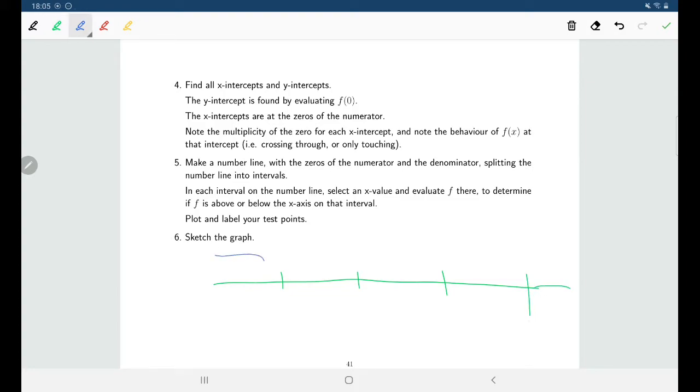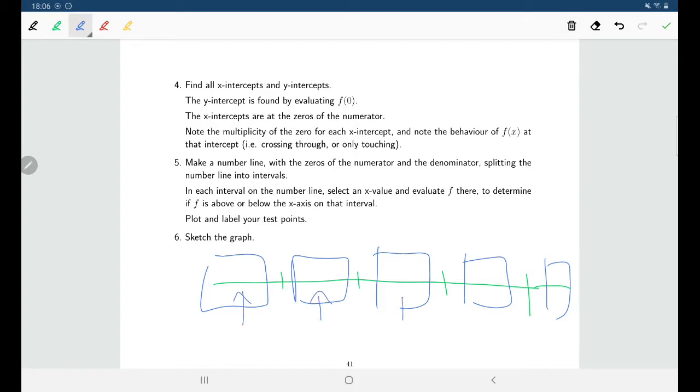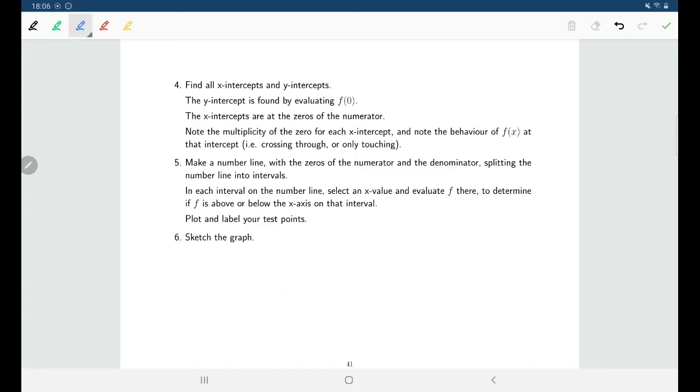And that means that our number line would be split into regions where we could be either always above the x-axis or always below. And then we could use test points, selecting values inside of each of those intervals to find out, is our function above the x-axis or below the x-axis at that point.